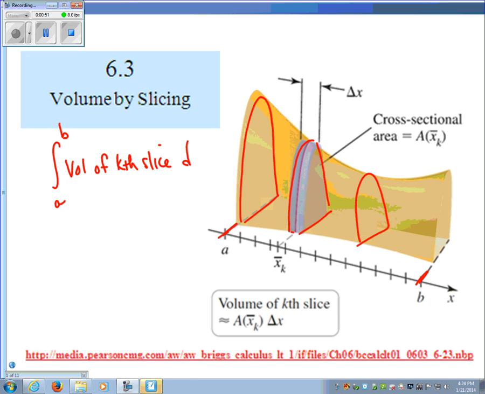And of course, part of the volume there is that delta x, which is already in that right there. So you're going to be looking at the integral of the area of that one k slice times the width of it, which gives you the volume. Okay, so our goal here is to figure out the area of one slice of it and then use the integral to accumulate, to add all those volumes together.